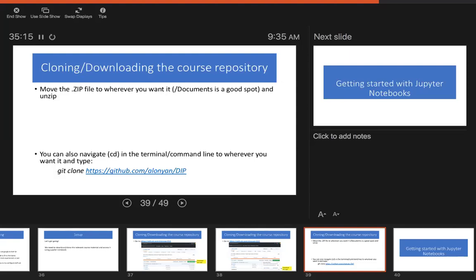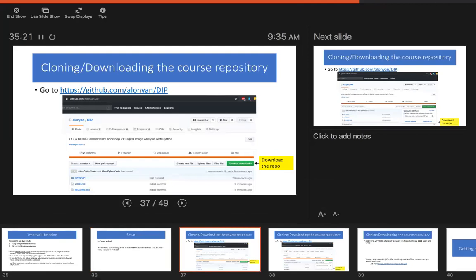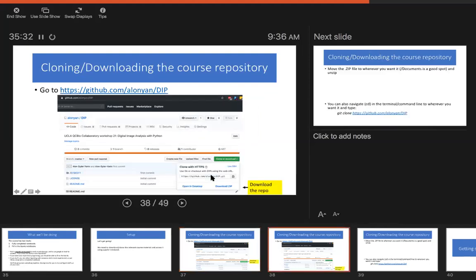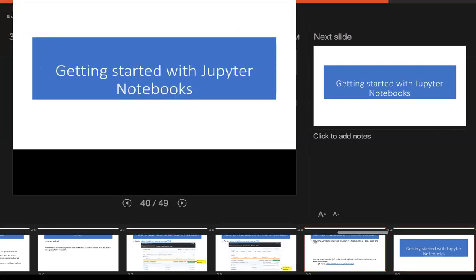You can download the coursework, the course material. Again, this is where it is. Just open a browser, go to github.com/Alonian, which is me, /DIP, which is digital image processing, and just download and save it wherever you want. If we have that on our computer, then we should have everything ready.